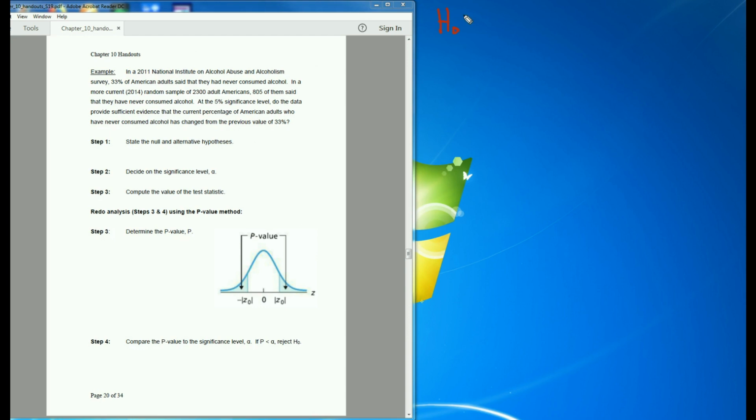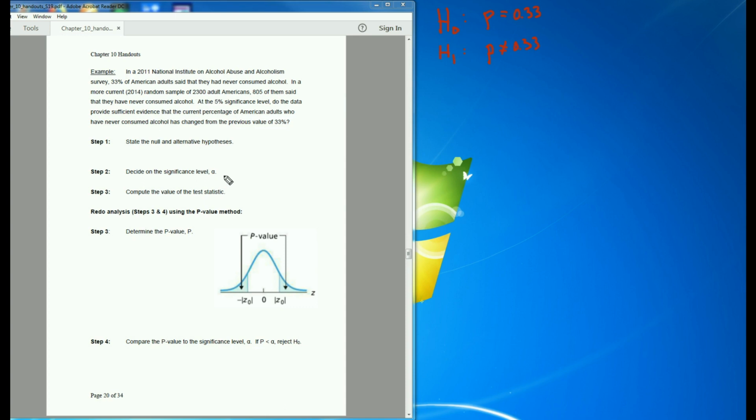So again, we already know that the null hypothesis is that the proportion is equal to 0.33 because that's the value that it formerly was according to the 2011 information. The proposed alternative hypothesis is that, well, maybe it is no longer equal to that value. Maybe it's something different. All right, so everything's exactly the same there in step 1.